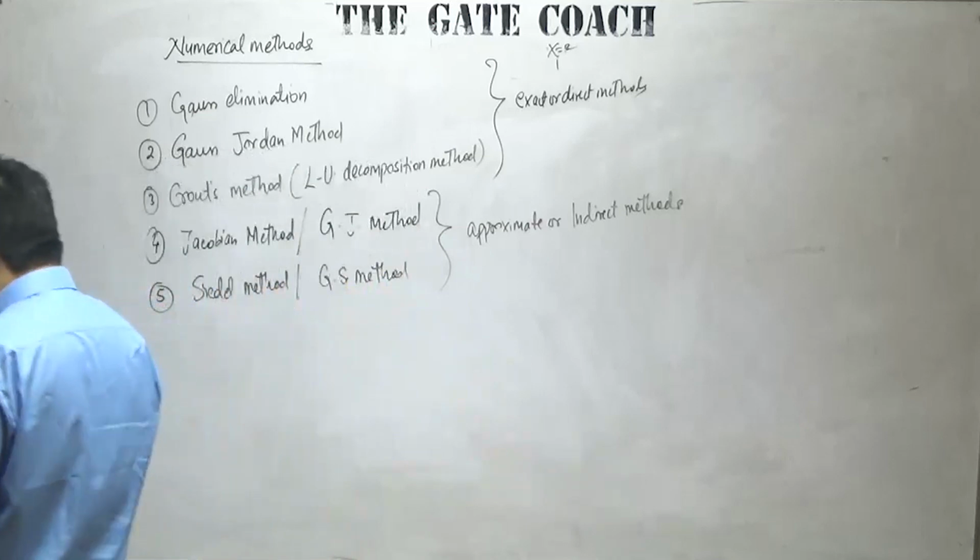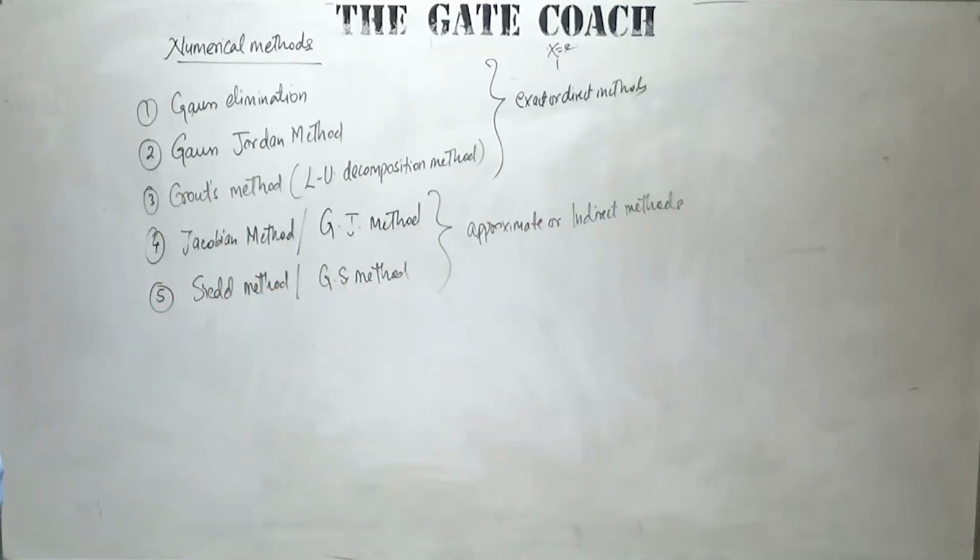Now, the next thing that we are going to discuss in the revision: Kraut's method we discussed in the previous class, Jacobian method also we discussed in the previous class. After the Kraut's and the Jacobian method, we discussed the Gauss-Seidel method also.